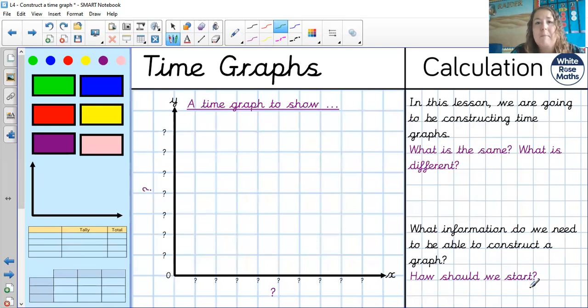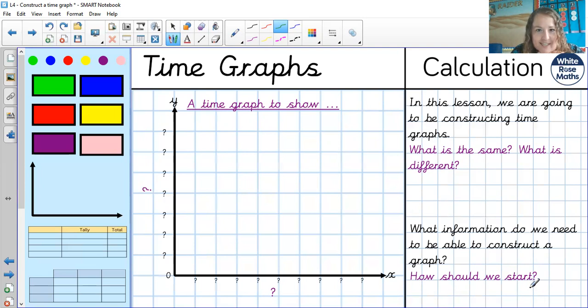So you are going to be making your own time graphs today. You did this brilliantly last week when you were doing bar charts, and we know that we're going to be drawing our X and our Y axis, and we know that we're going to need to do some labelling. But what information do we need to be able to construct a time graph? Could I do one based on the things that you can see on the screen at the moment?